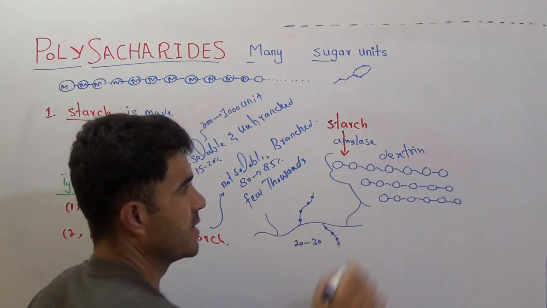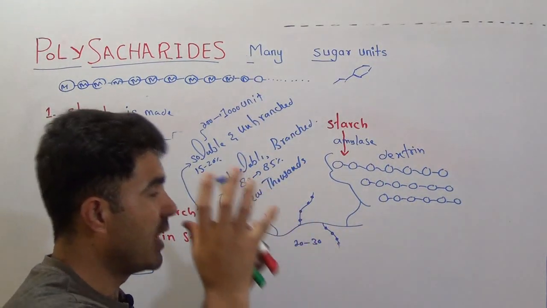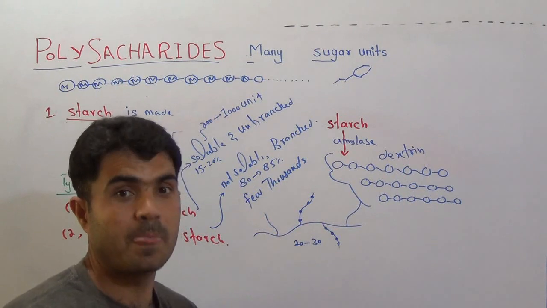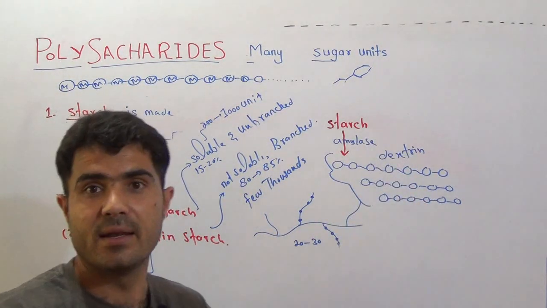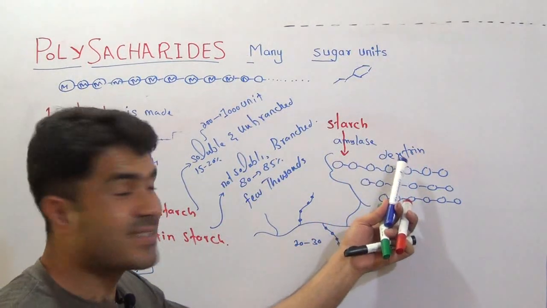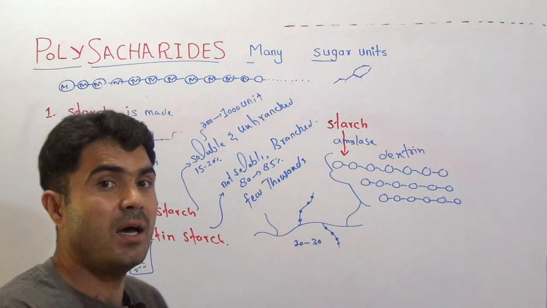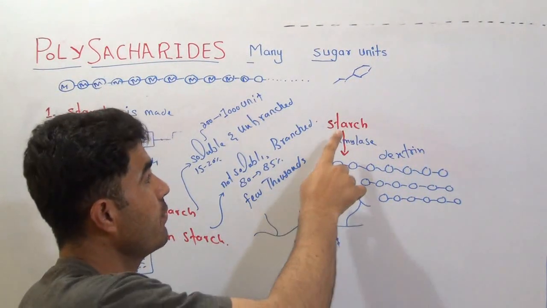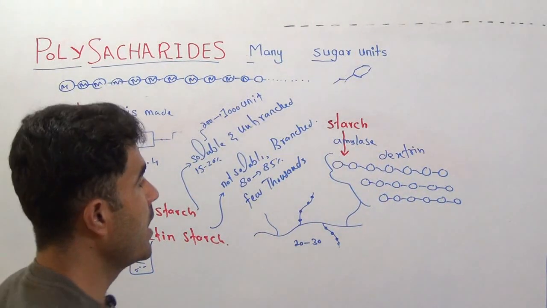We will discuss dextrin further, but remember, it is dextrin, D-E-X-T-R-I-N, not dextran, because there is some issue. Dextrin is nothing special; it is the hydrolytic product of starch. If you hydrolyze starch, you will get dextrin.